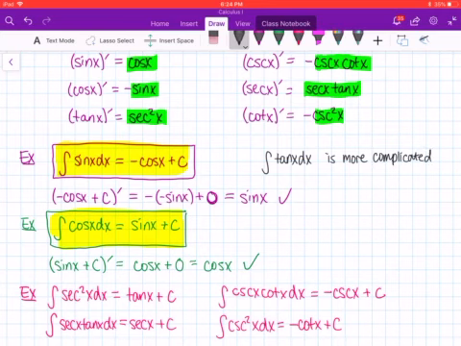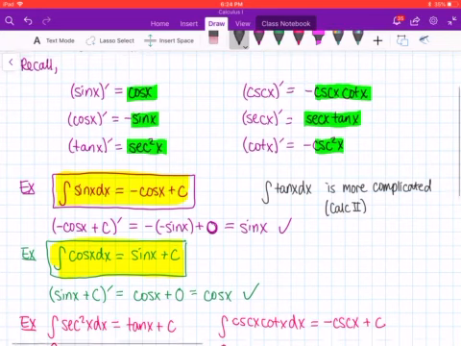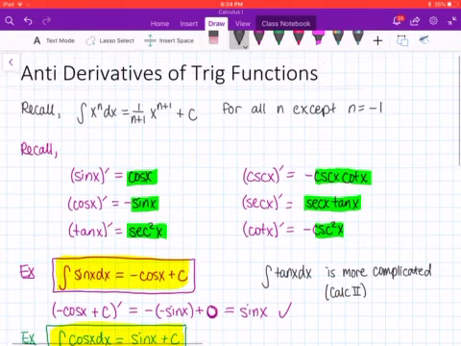None of our derivatives that we've ever taken has given you just tangent x. So that's why we don't know what the antiderivative is. And actually, you will see what this is in Calc 2. Okay, so that's just something to keep in mind. All right, and I guess that's all I wanted to mention here for antiderivatives with trig.